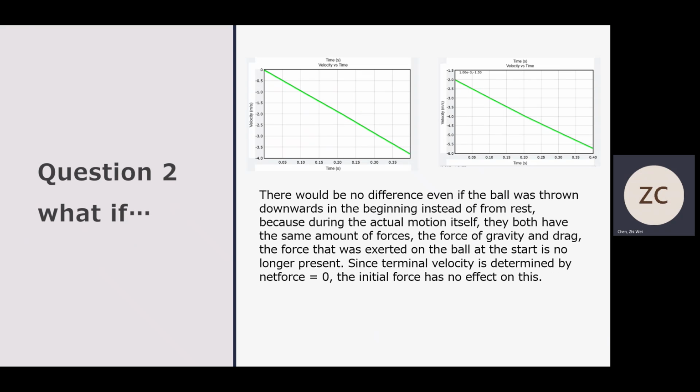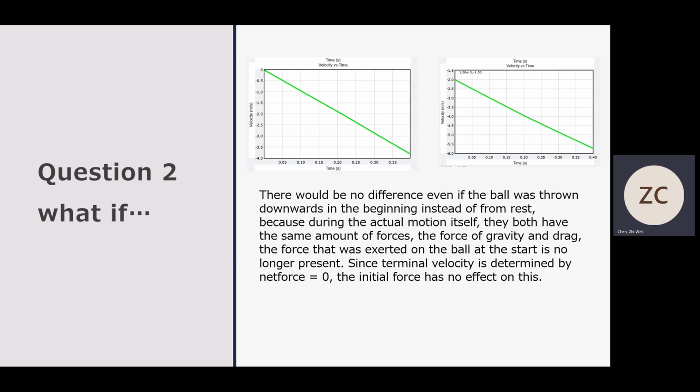Question 2, what if? So if the ball was thrown downwards in the beginning instead of from rest, there would still be no difference because during the actual motion itself, they both have the same amount of forces, the force of gravity and drag.